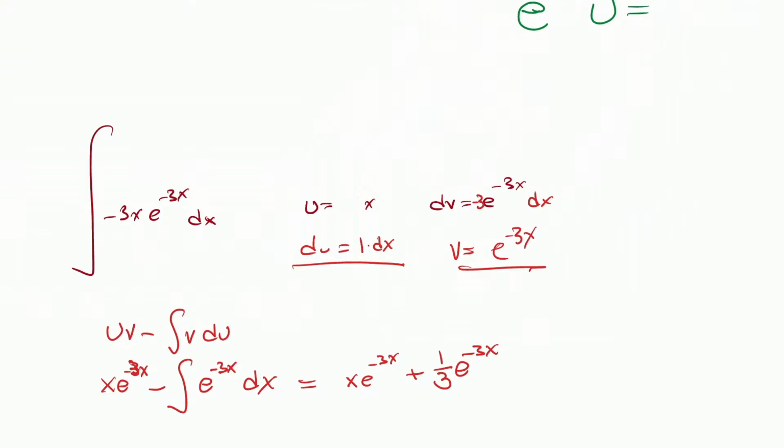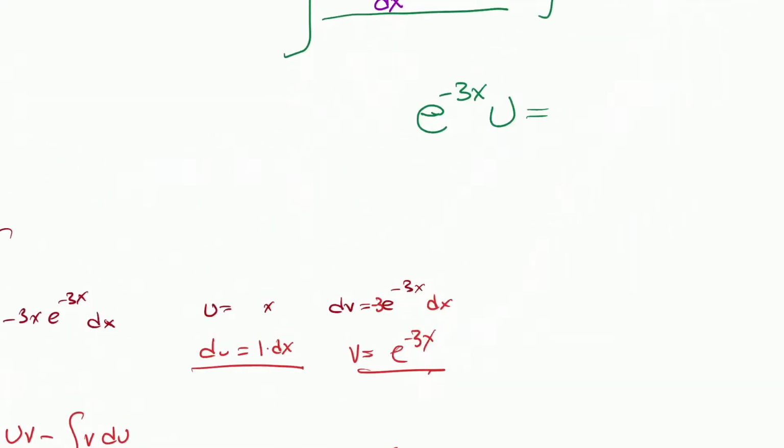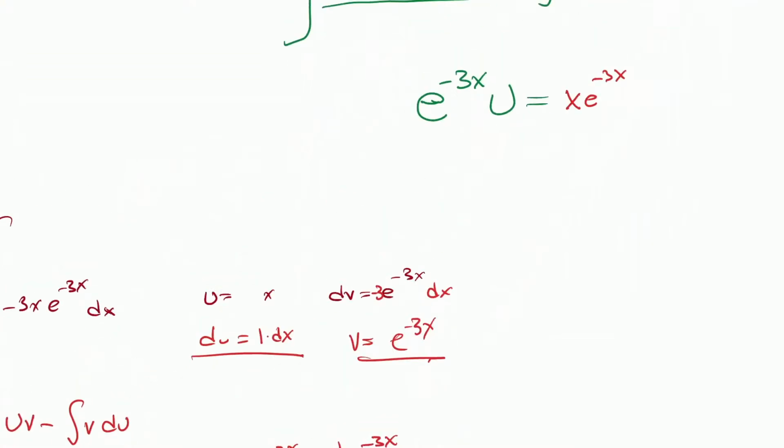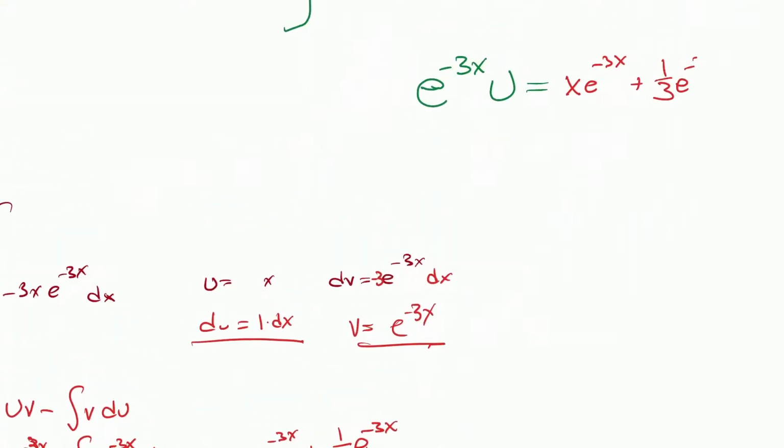The integral of e to the negative 3x is e to the negative 3x over negative 3. All right, so that goes up here. x e to the negative 3x plus 1/3 e to the negative 3x plus c.